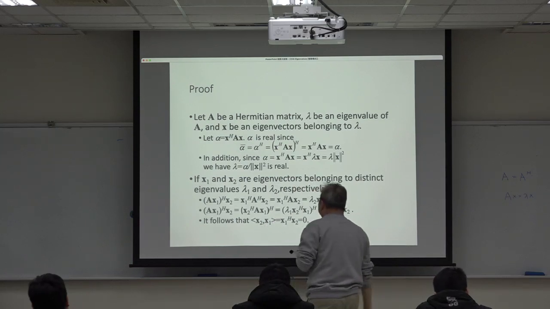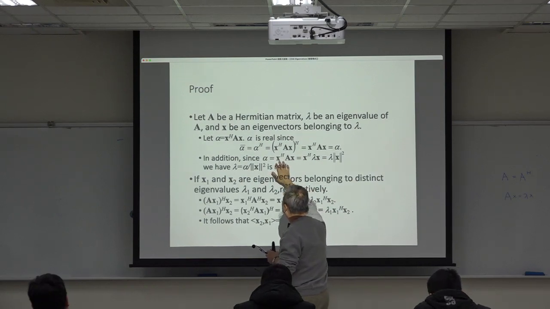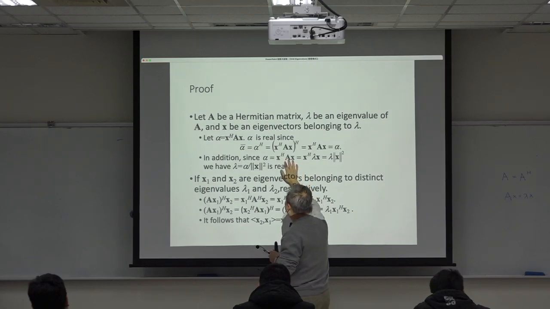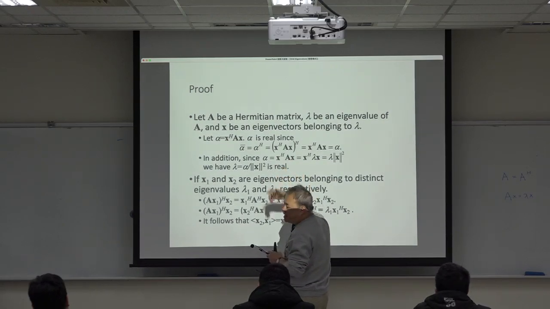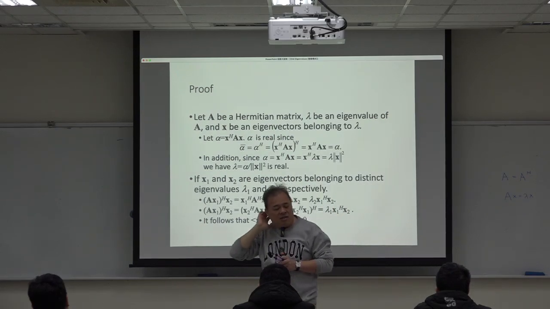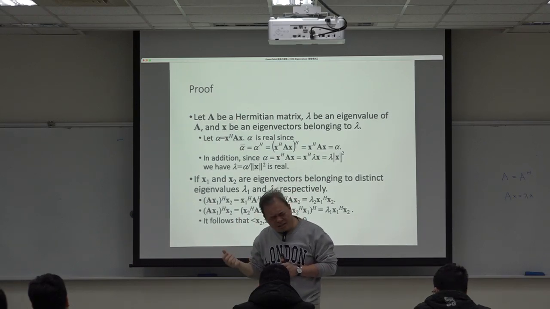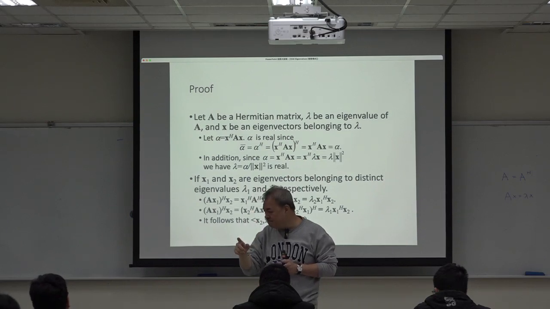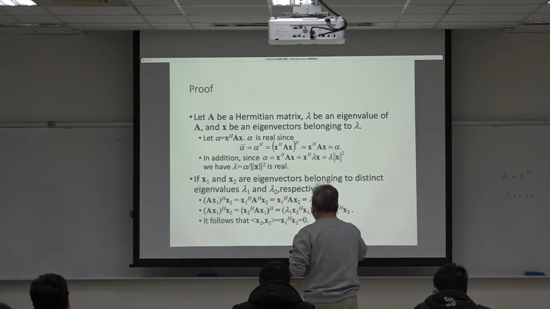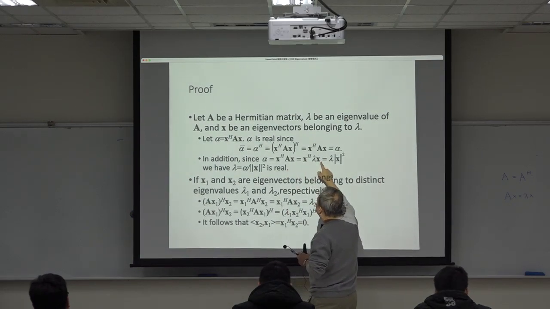Then alpha equals x^H A x. If x is the corresponding eigenvector for eigenvalue lambda, then we put Ax as lambda x.